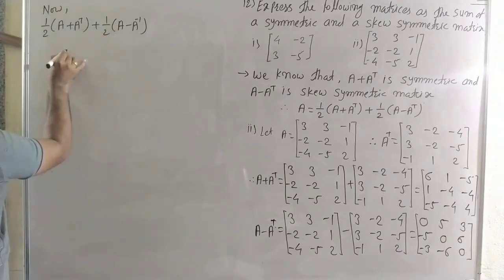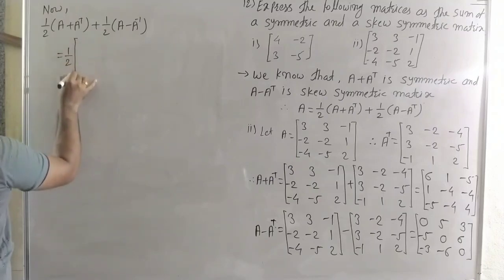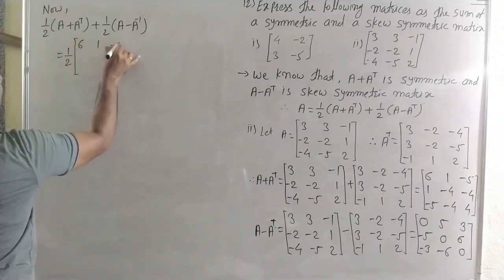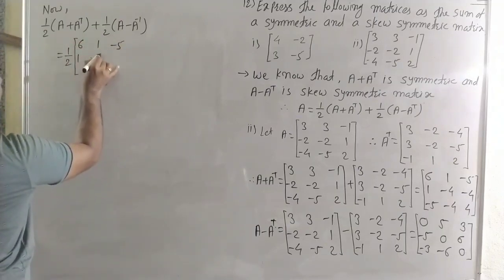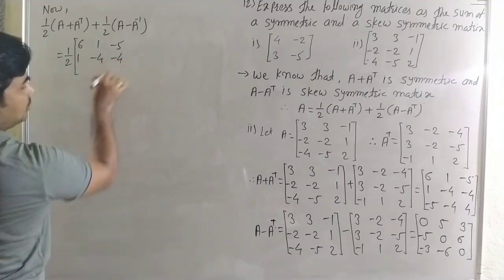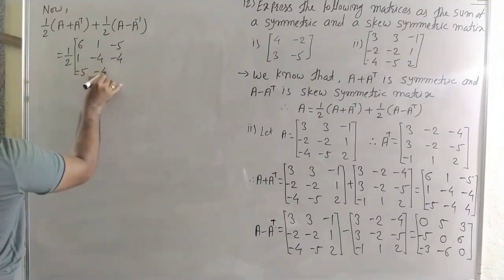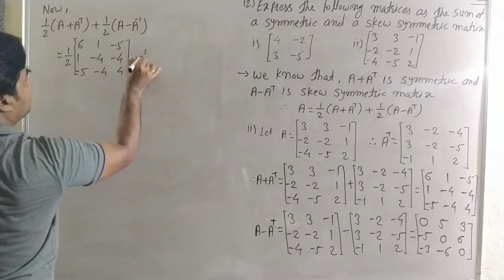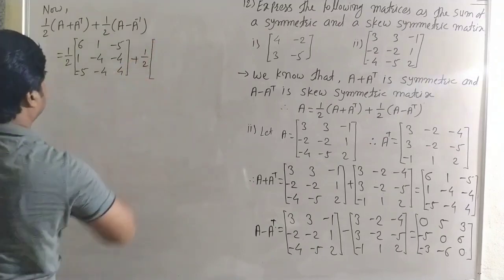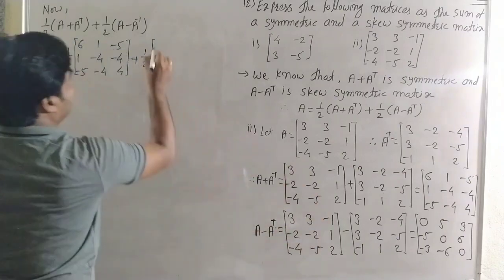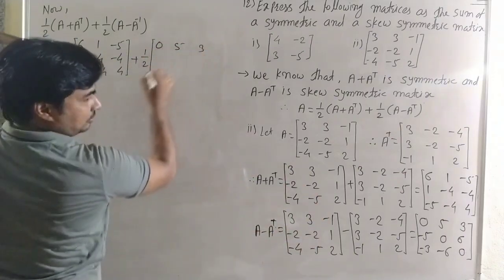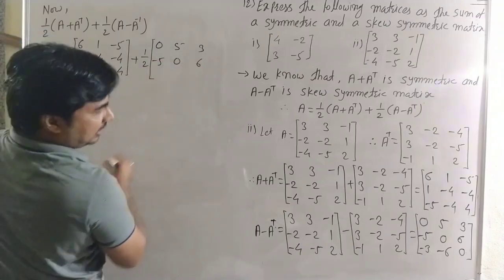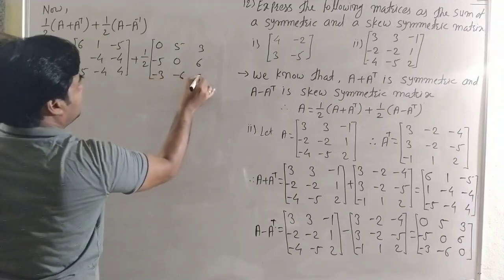Therefore, here we can write it as 1 by 2 into A plus A transpose, which is 6, 1, minus 5, 1, minus 4, minus 4, minus 5, minus 4, 4, plus 1 by 2 into A minus A transpose, which is 0, 5, 3, minus 5, 0, 6, minus 3, minus 6, 0.